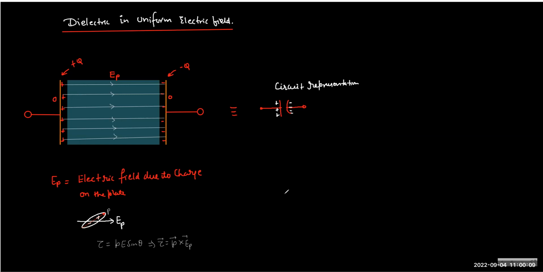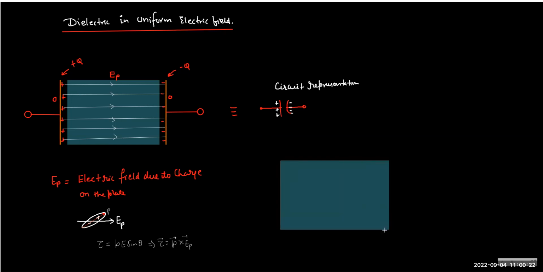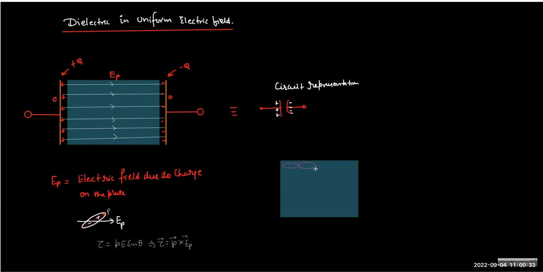Even if not, we can say there is a net component along the applied field. What does it mean? It means this dielectric will, to save my time, have all the ovals oriented like this.